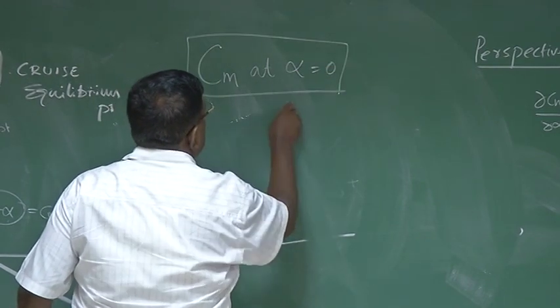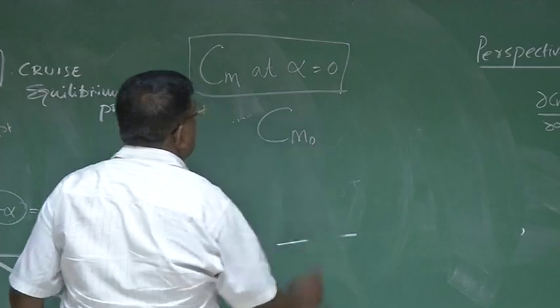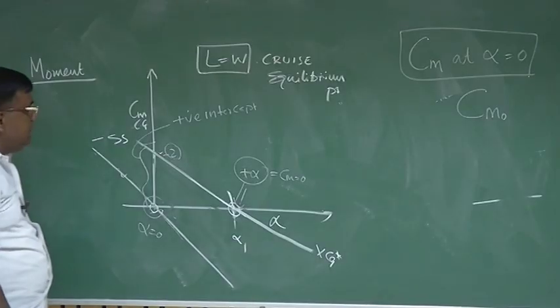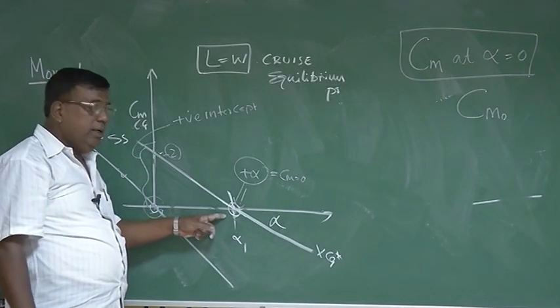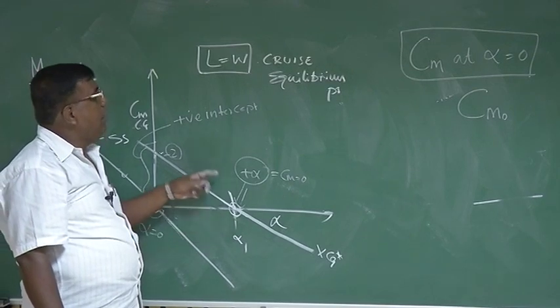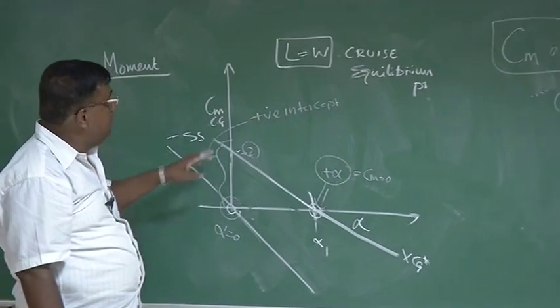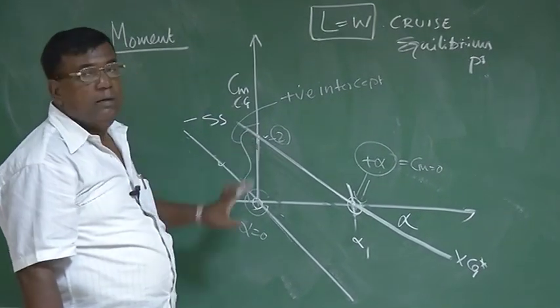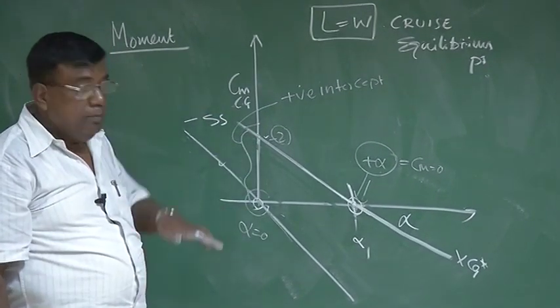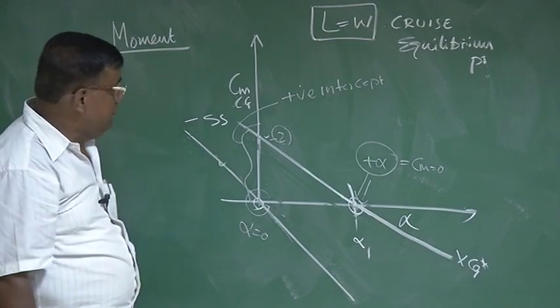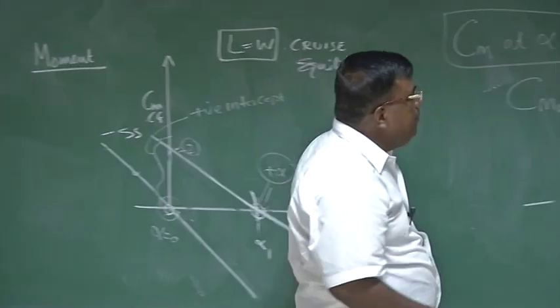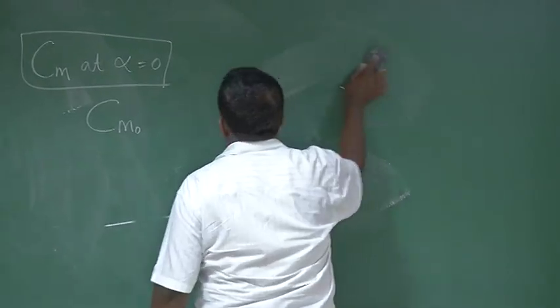Notation-wise, it is written as Cm naught. So what is the message? The message is, if you want to fly at this alpha, and if your airplane is statically stable, do something in your configuration so that it generates this much Cm naught, this much nose-up moment. Now let us take an example to understand this concept.